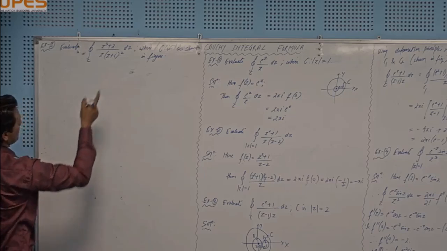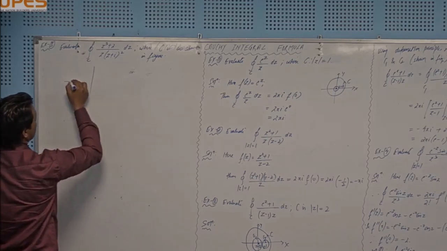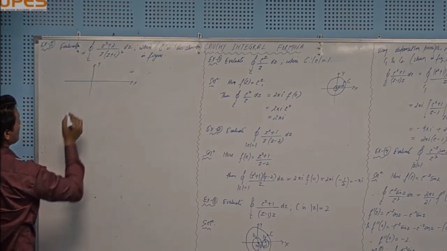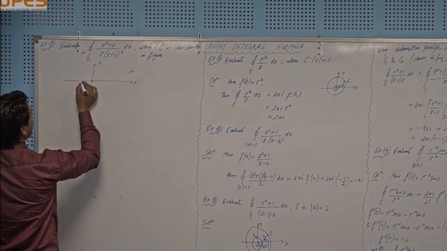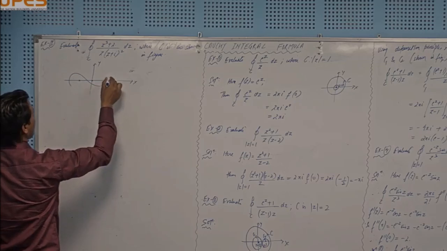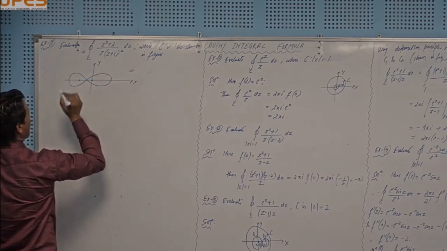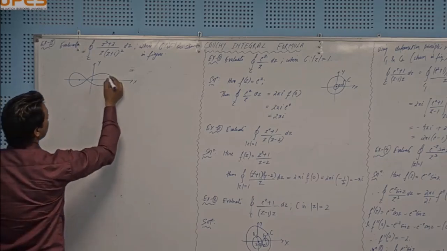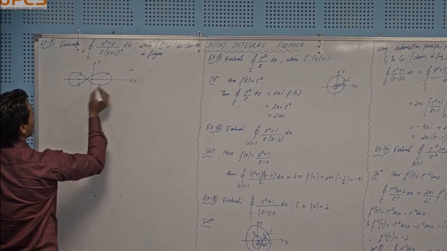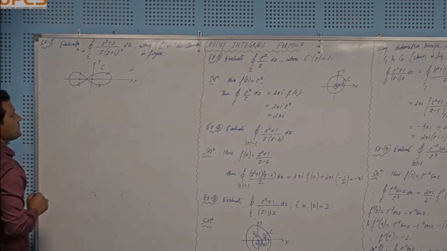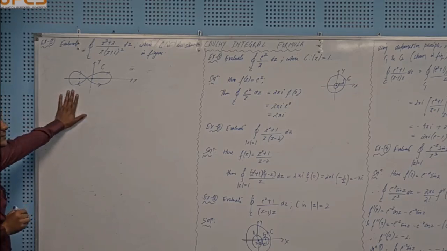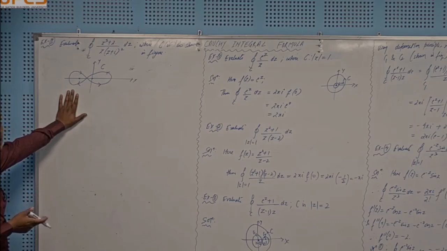So contour C is shown here, like this, x-axis, and this is y-axis, and 0 and minus iota, this is 0 minus iota. This is C, and it is not of that familiar shape as we have been taking, circle or ellipse.